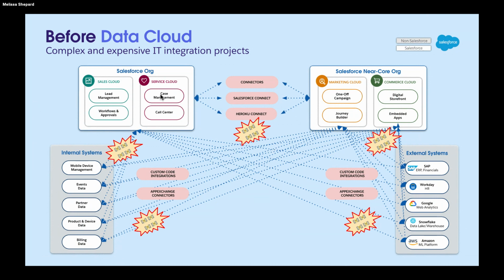It really came from the need to unify data between Sales Cloud and Service Cloud, Commerce Cloud, Marketing Cloud. And now it's gone beyond that to bring data from all different sources. So it gets very messy when you start trying to bring data in from multiple places like this, and you have all these point-to-point integrations.